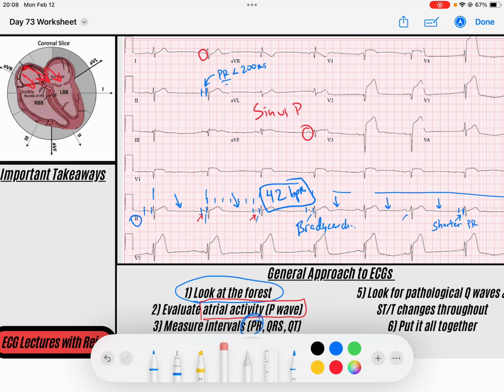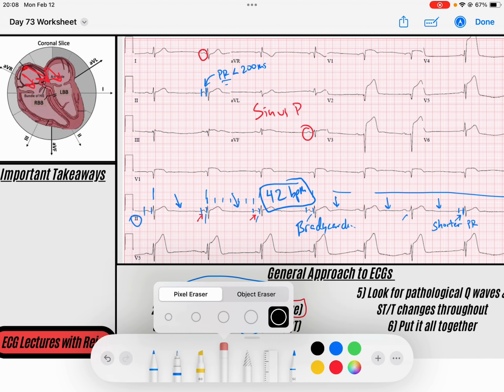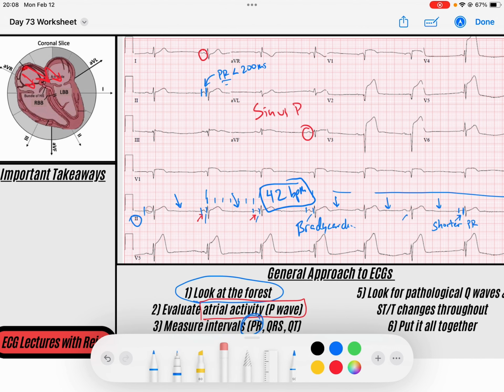And so let's take a look and see if there is any kind of pattern to this. What I'm noticing is that there's likely some sinus arrhythmia. We know that sinus arrhythmia is due to inspiratory and expiratory changes in cardiac filling and preload. And so we can see the rate of atrial activity increase and decrease.